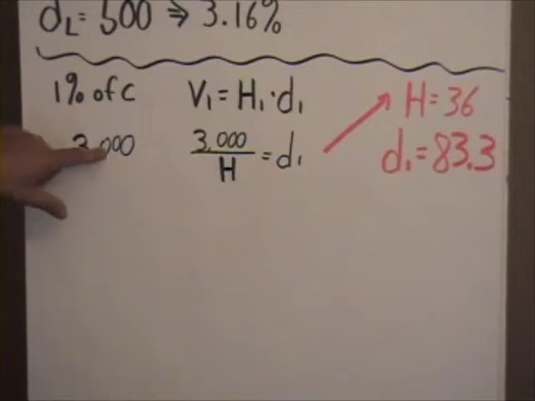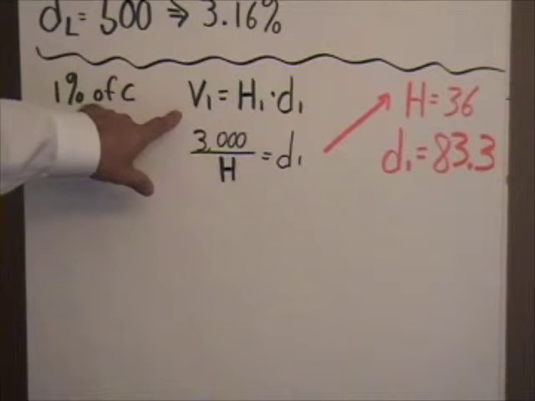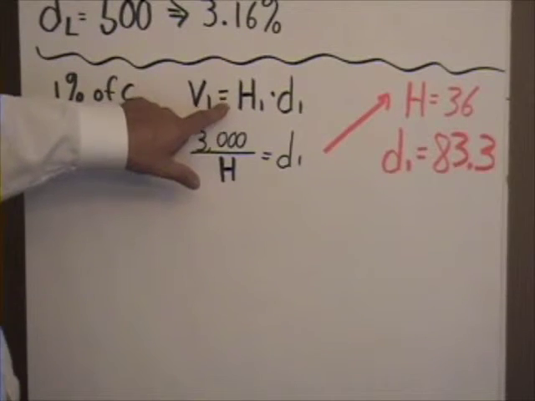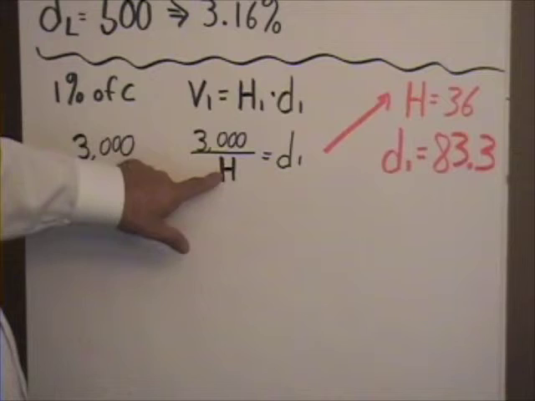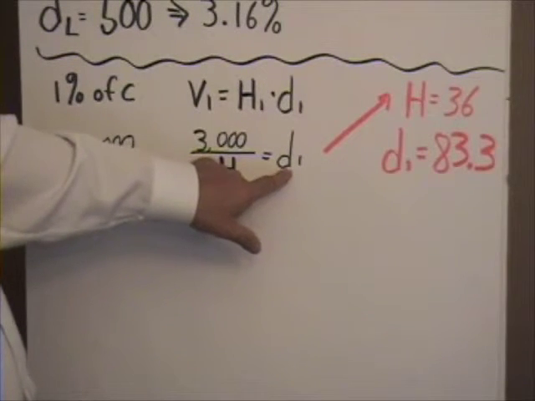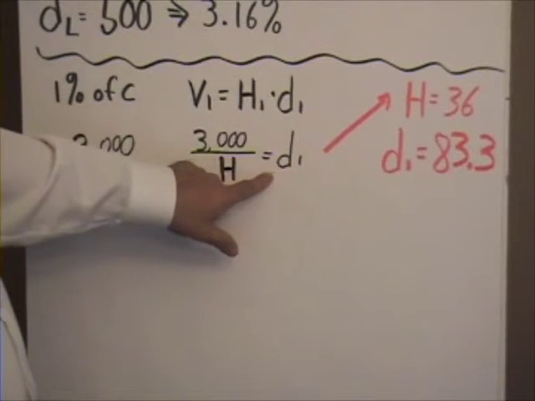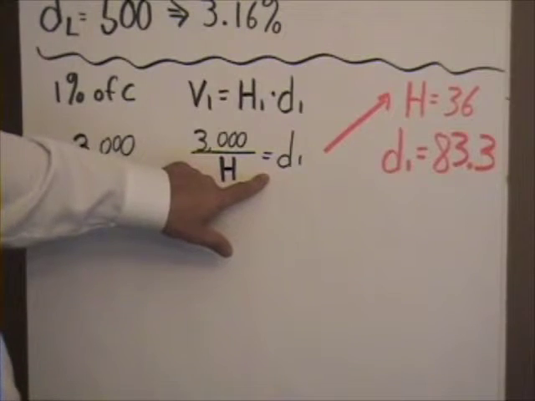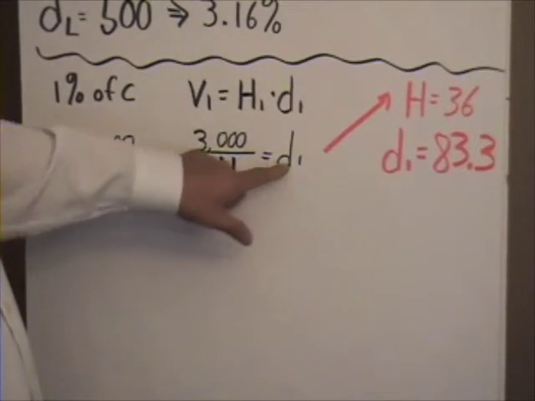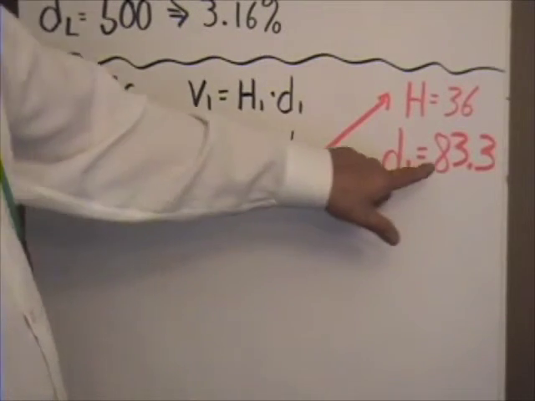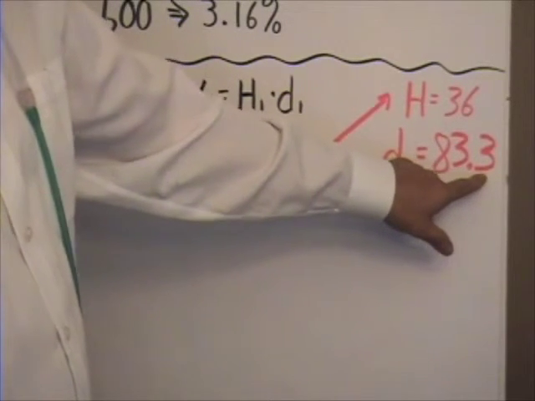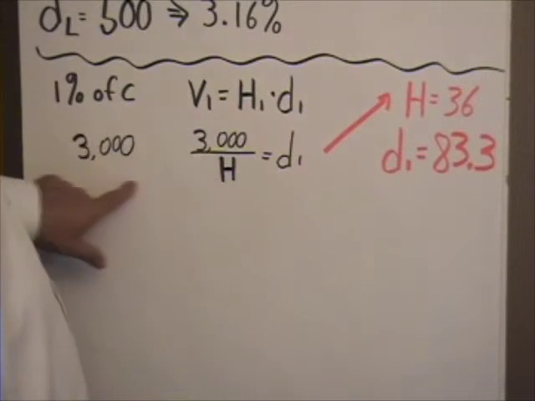We're talking about d1, so the formula is v1 equals h1 times d1, so 3,000 divided by h would give us the distance in megaparsecs that would be our breakpoint. If we took h as 36, 3,000 over 36 is 83.3 megaparsecs.